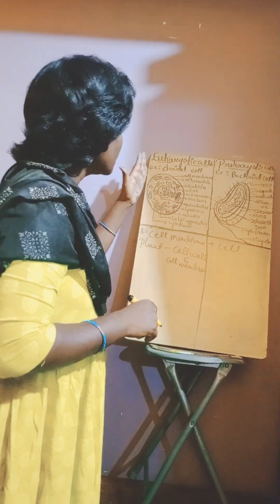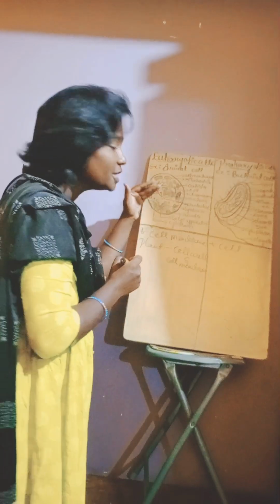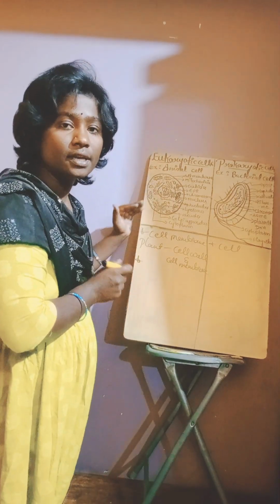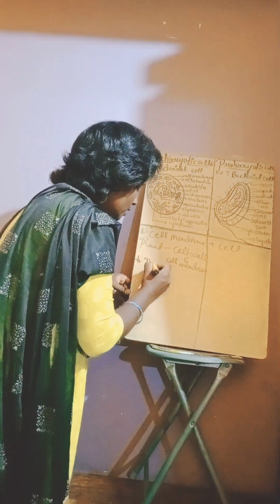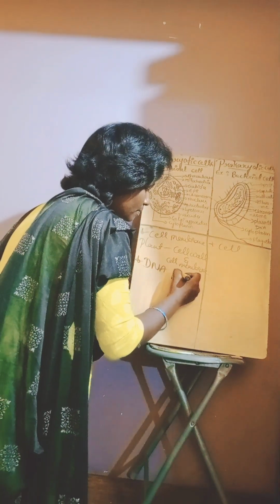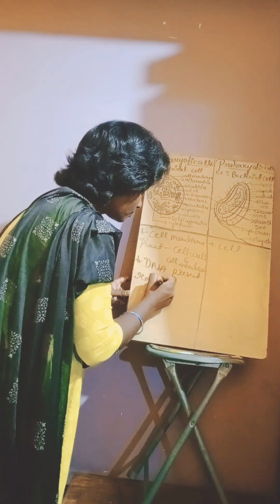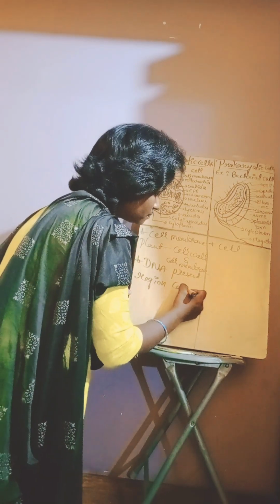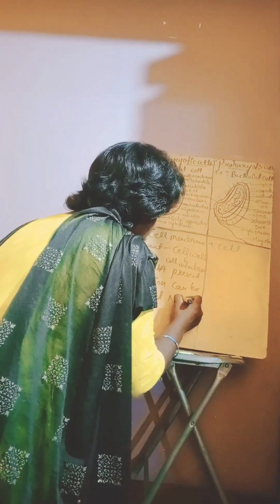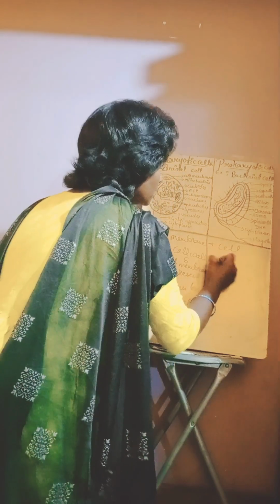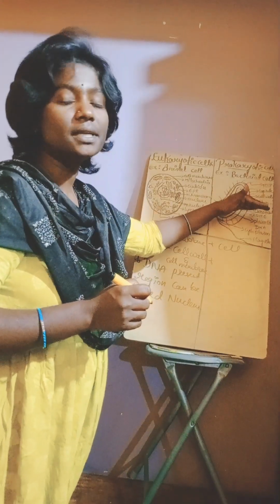inside, the DNA part. Okay. So in eukaryotic cells, the region where we can observe the DNA is called the nucleus. In prokaryotic cells, here also we can observe the DNA, but that is called plasmid DNA.